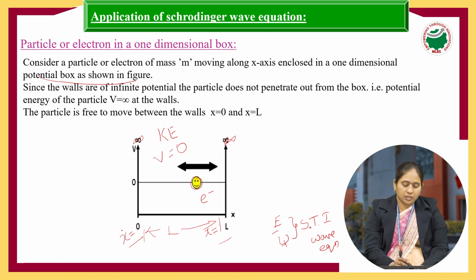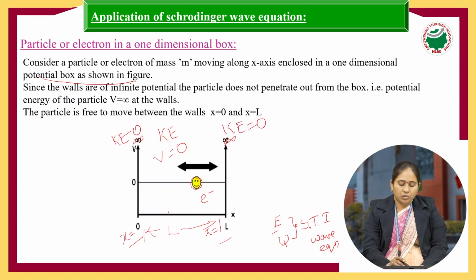Whereas outside the box, the potential energy is infinity but the kinetic energy is 0. The particle is moving inside, that's why it has kinetic energy but no potential energy. Outside, the potential energy is infinity and kinetic energy is 0.